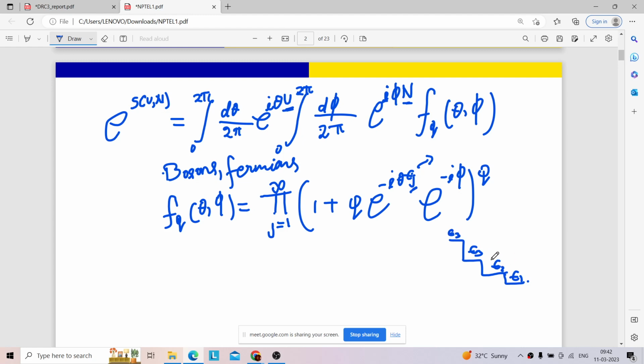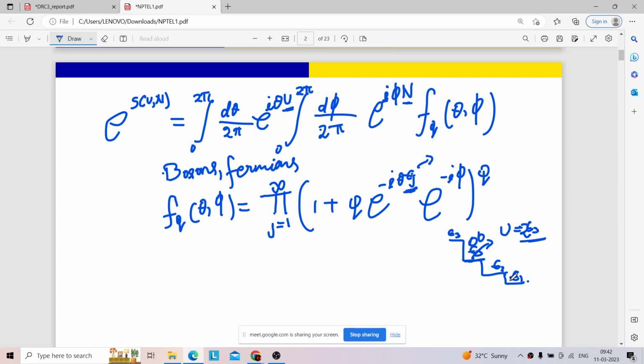Any particle or marble staying in epsilon 3 has energy epsilon 3. If two particles are staying at this level, then the total energy will be 2 epsilon 3. So this j runs from 1 to infinity.